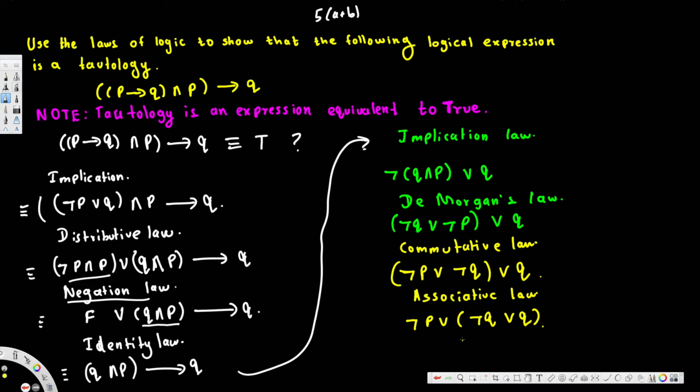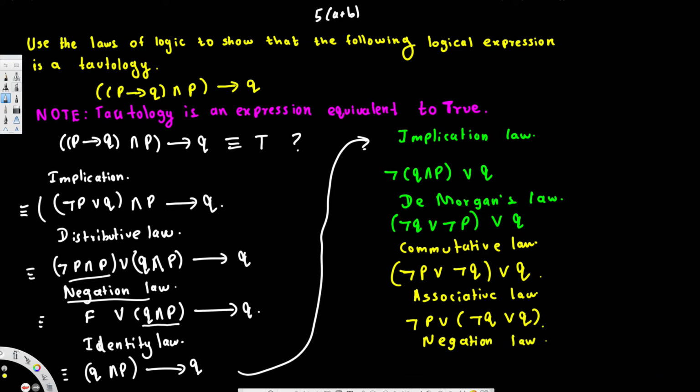Now from this one you can see here we have another negation law. Negation law says when we have not Q or Q, this is going to be definitely true, because at least one of them is going to be true. So this whole thing is true. So not P or true.